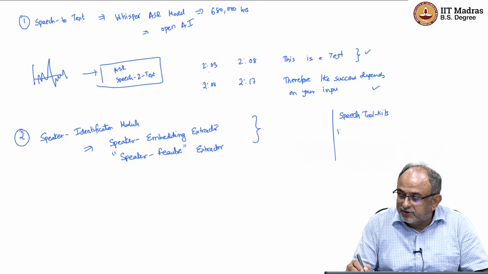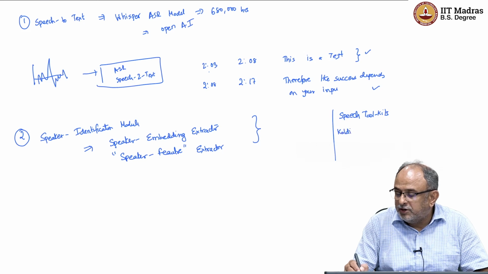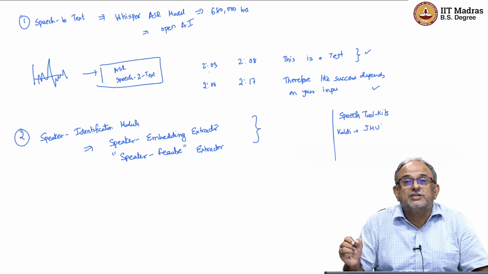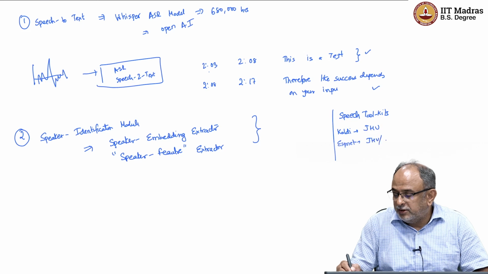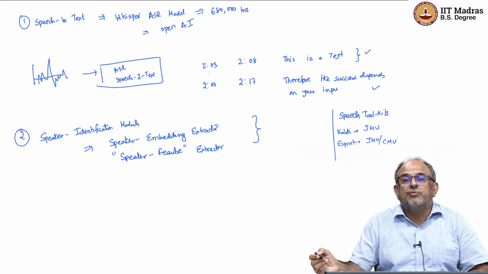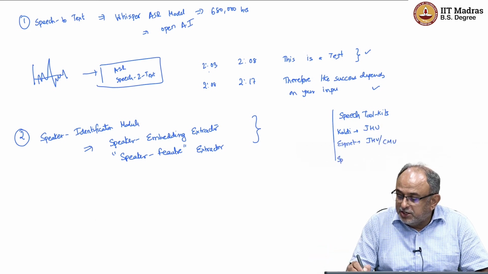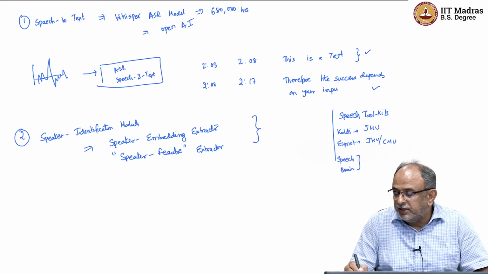So for example, there was Kaldi, which was developed by Cambridge and Johns Hopkins. Okay. So Johns Hopkins University. Then there's ESPnet, which also came from Johns Hopkins. And now the professor has moved to CMU, so it comes from CMU. Then there's SpeechBrain, which comes from, I think, the Mila lab.